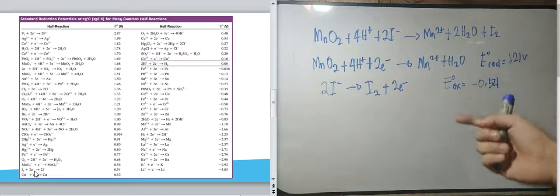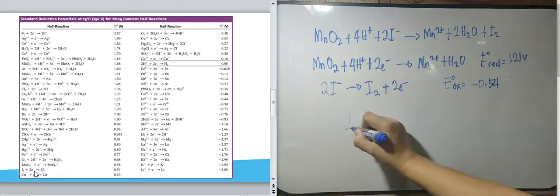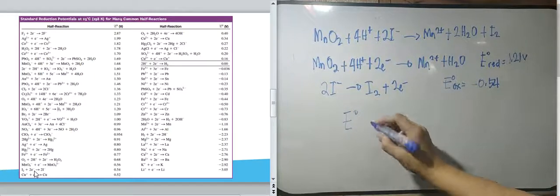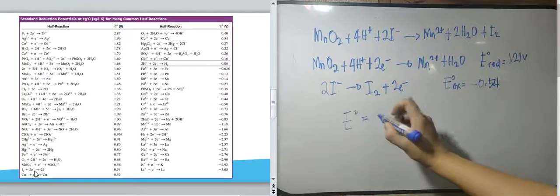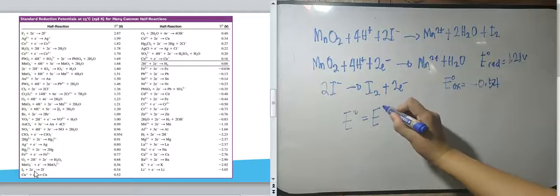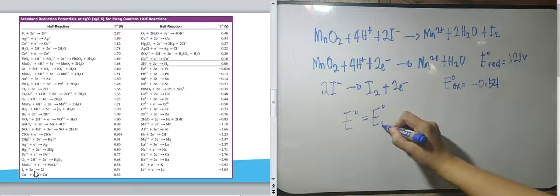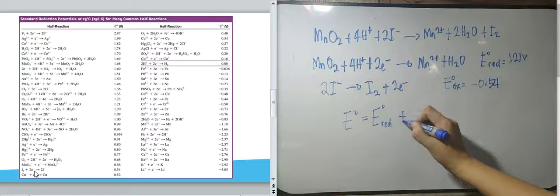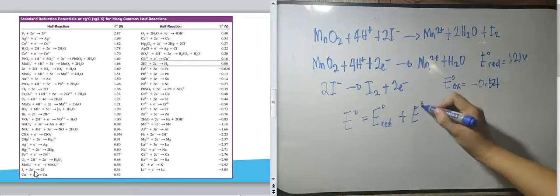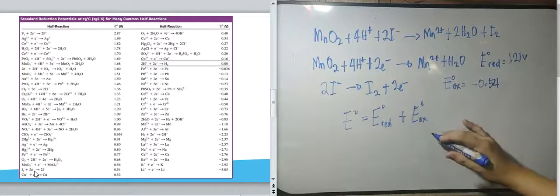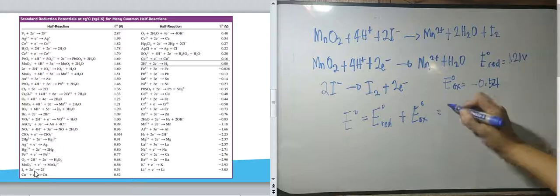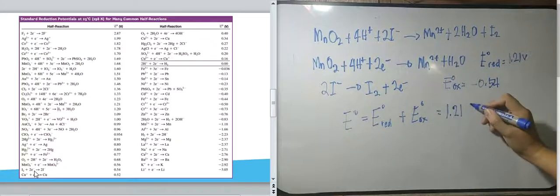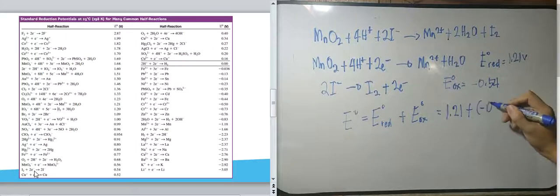So for us to determine the standard potential, standard reduction plus standard oxidation potential, 1.21 plus negative 0.54.